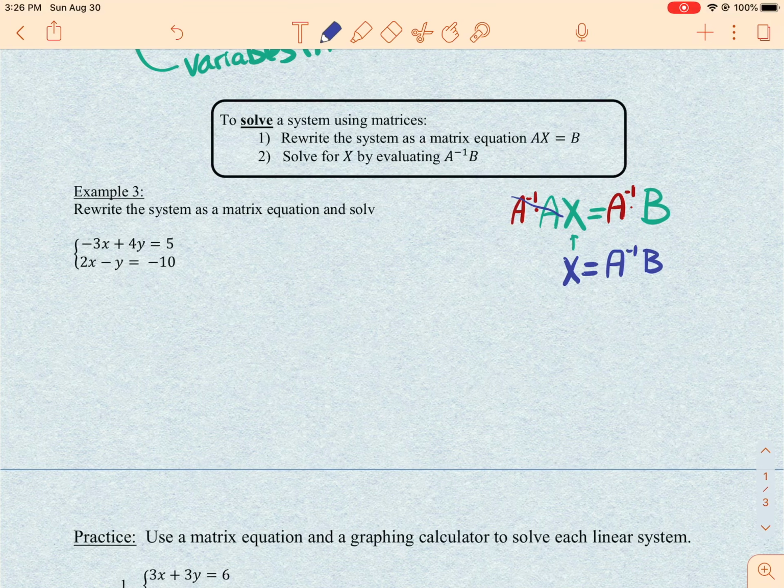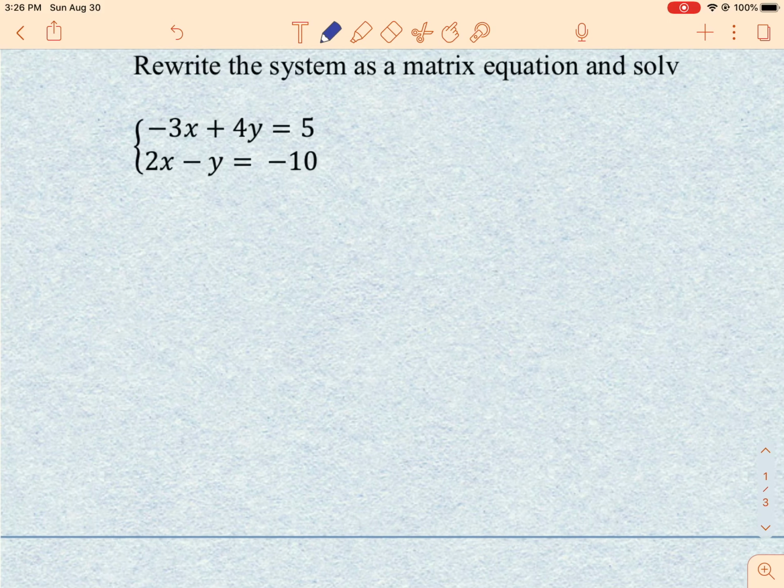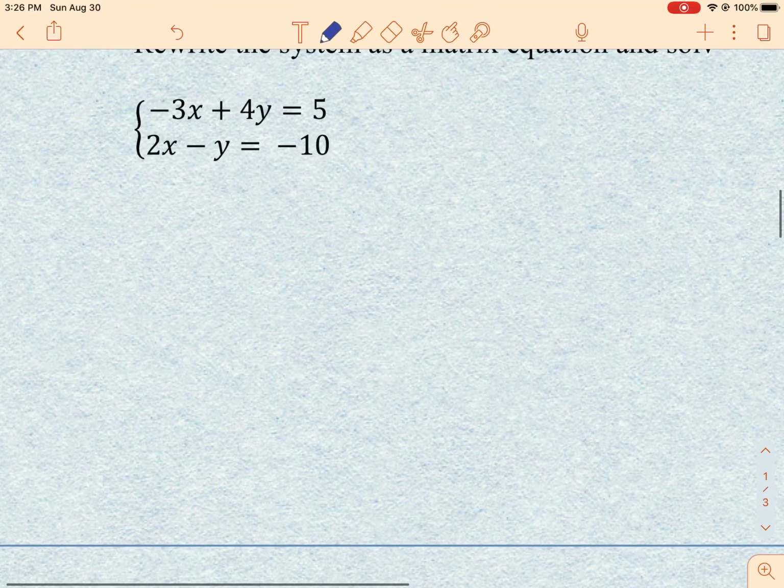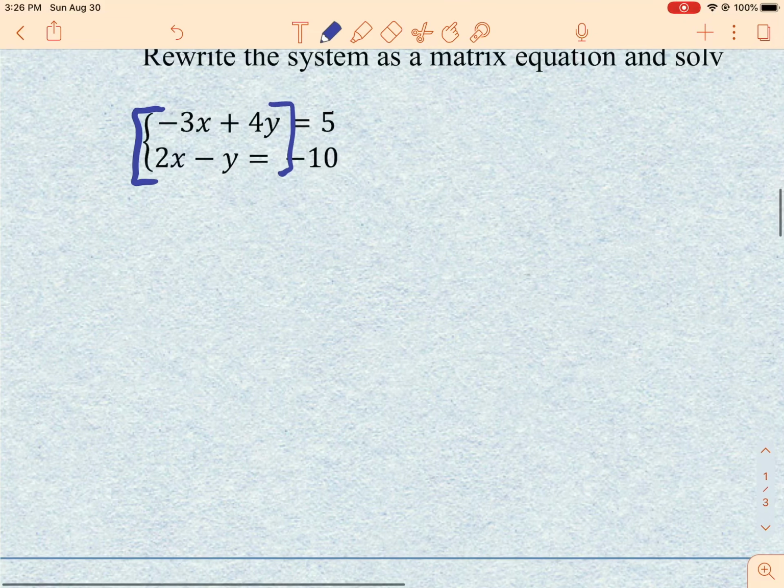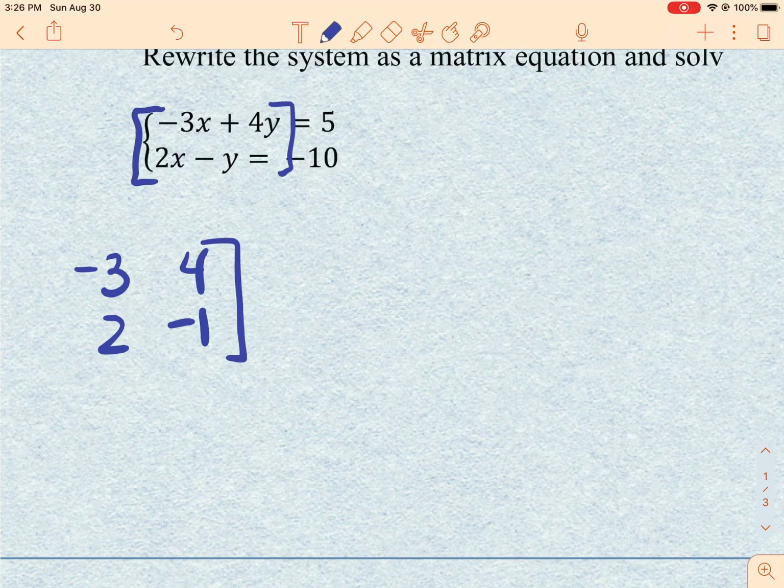So if we take a look at one of these, to rewrite as a matrix and then solve. So rewriting, we think of -3, 4, 2, -1.